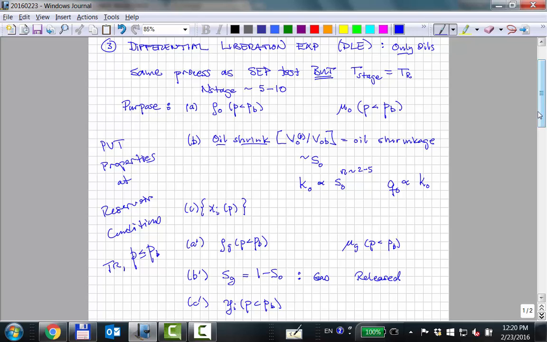And then the amount of moles or quantity of gas, the volume of gas that comes out of solution. And these are the main properties that are measured.